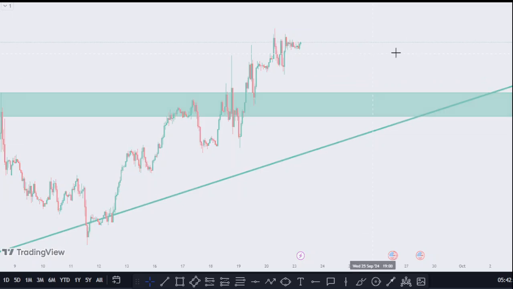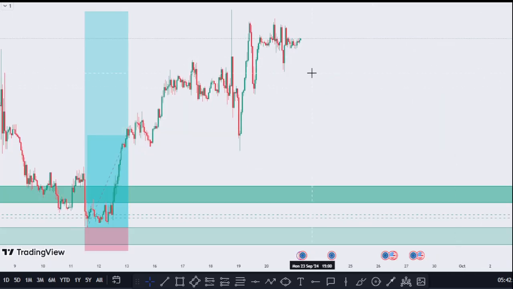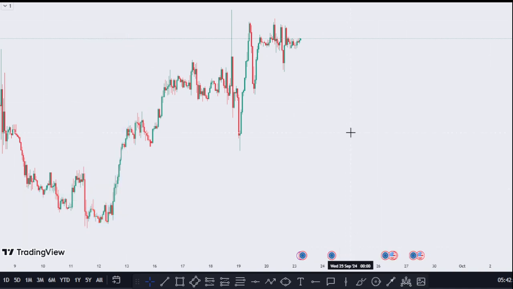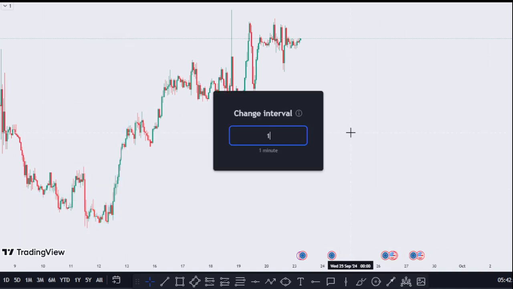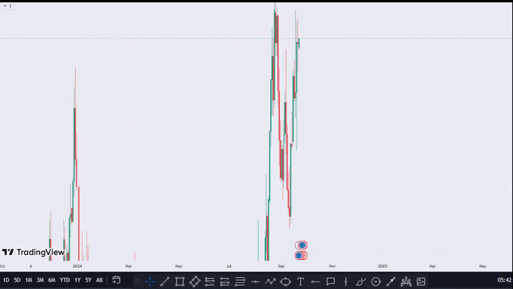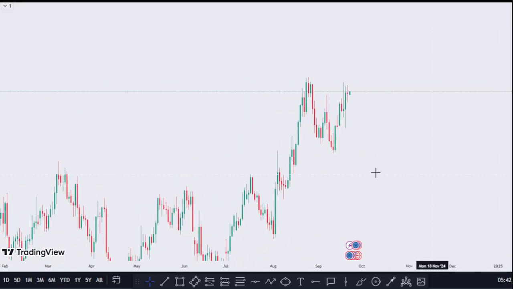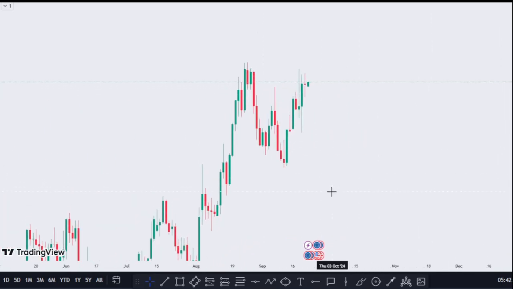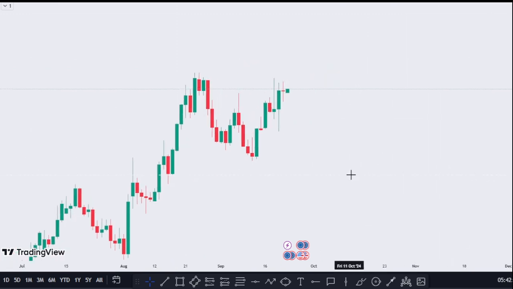The next wonderful pair on my watch list this week is Euro USD. On the daily time frame of Euro USD, you see that the price action is almost similar to the one on GBP USD.